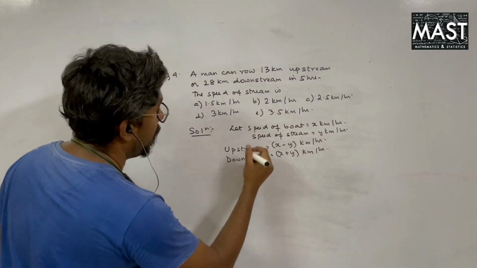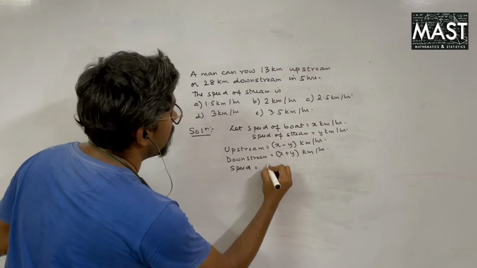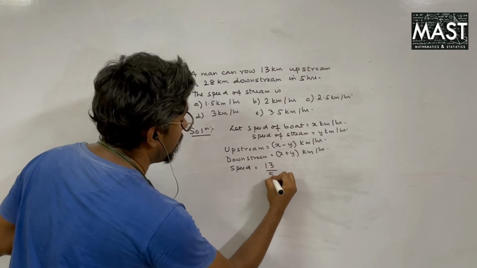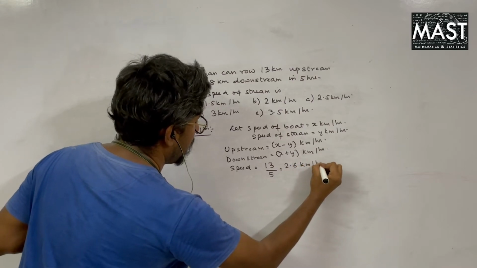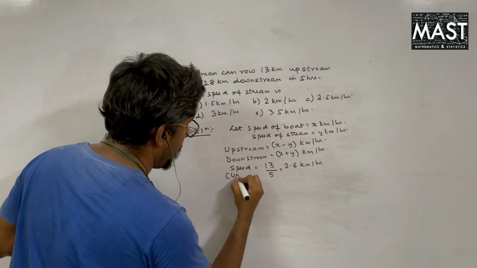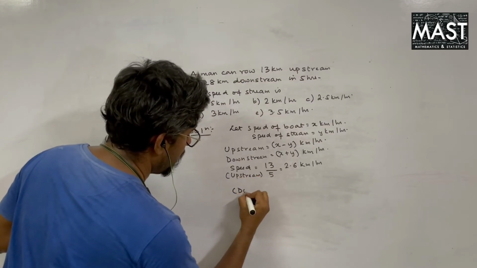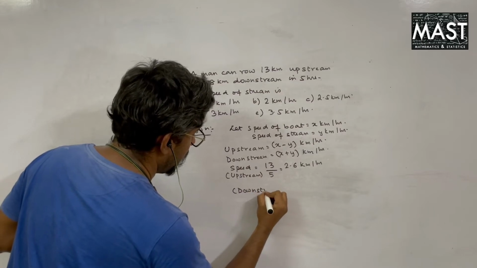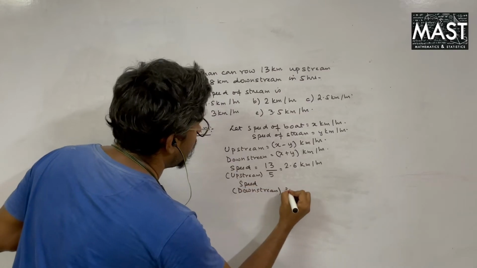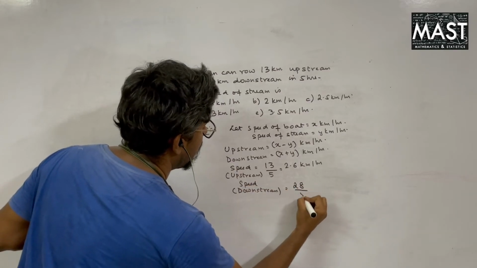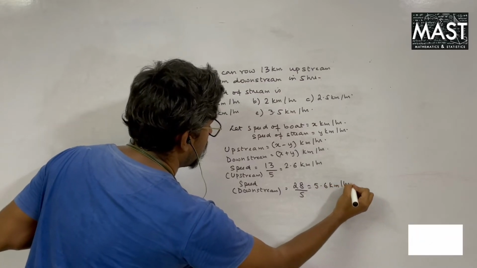While going upstream, speed is 13 by 5, which is 2.6 kilometer per hour. This is upstream. And the speed downstream would be 28 by 5, which is 5.6 kilometer per hour.